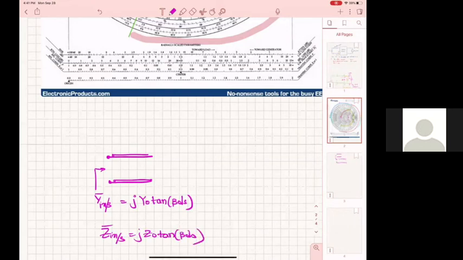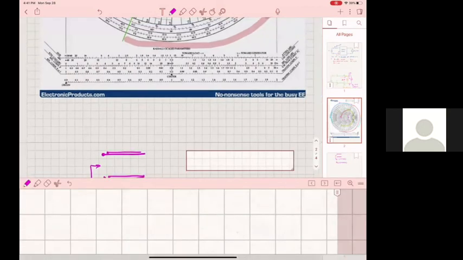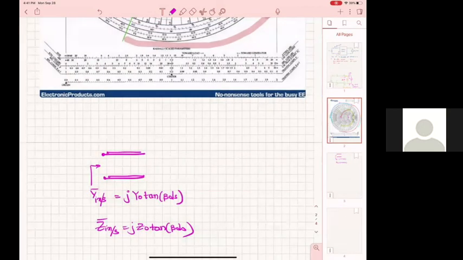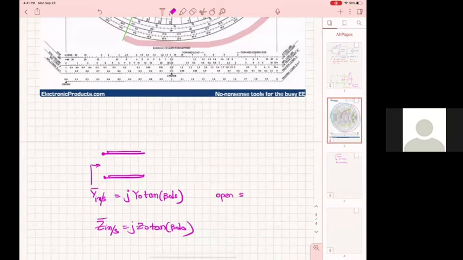So practically, a zero admittance for an open stub gives me the same impact as an impedance of a short stub. Got it? Yes.